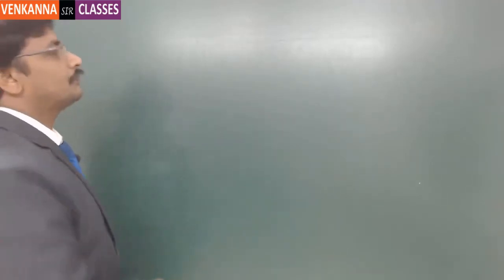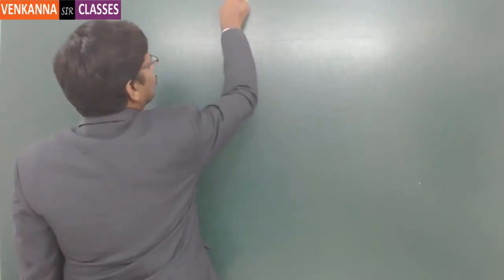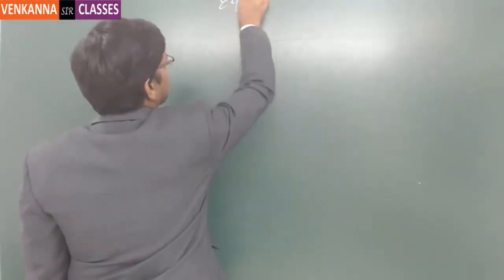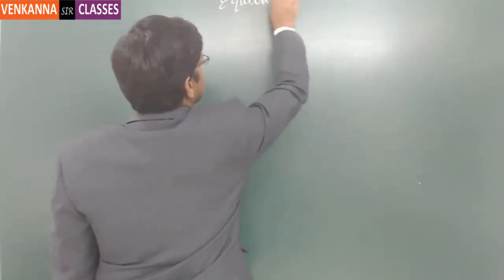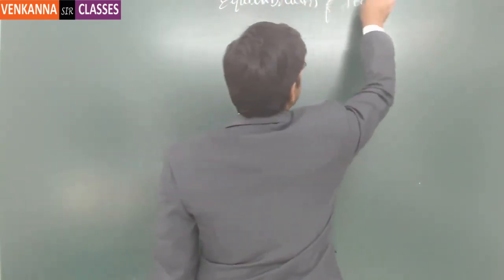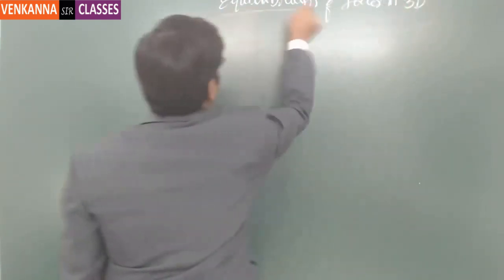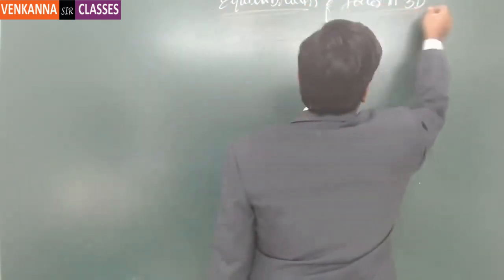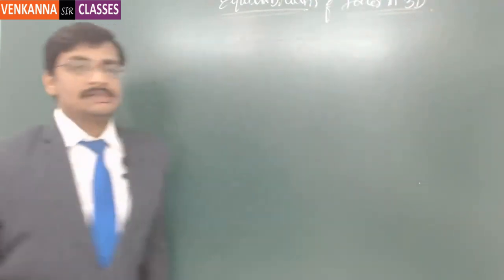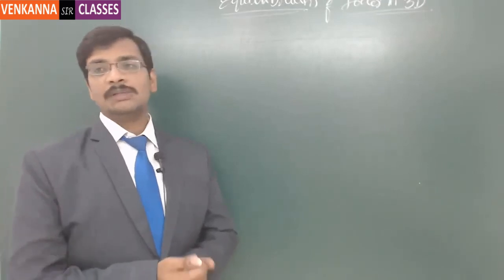So let us start. We will be solving some of the problems based on equilibrium of forces in 3D. We learned what is the central axis, what is the wrench, and what is the pitch of the wrench.